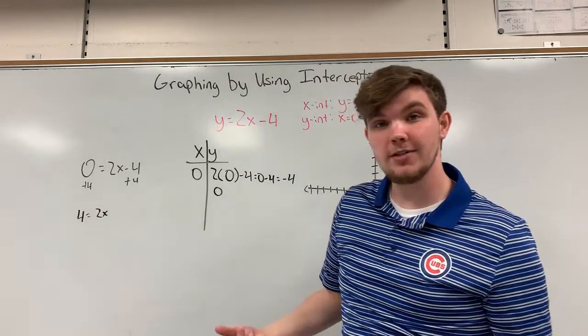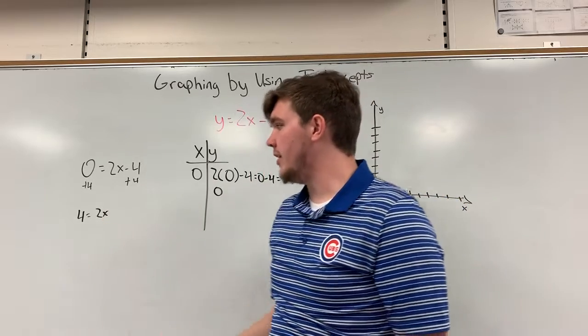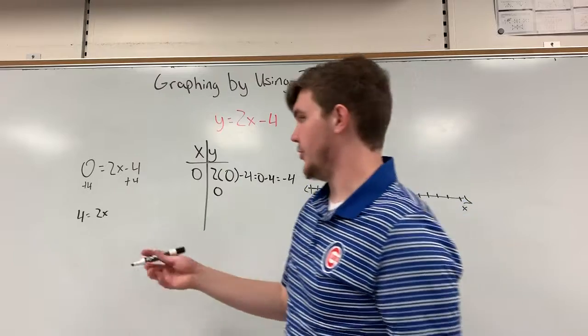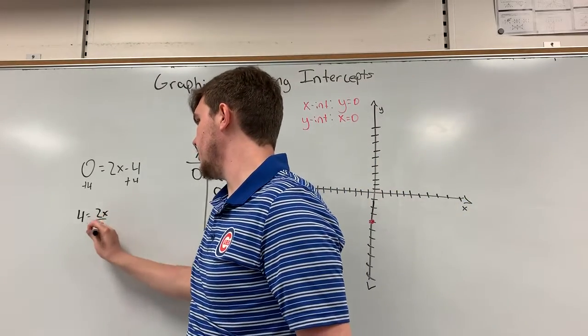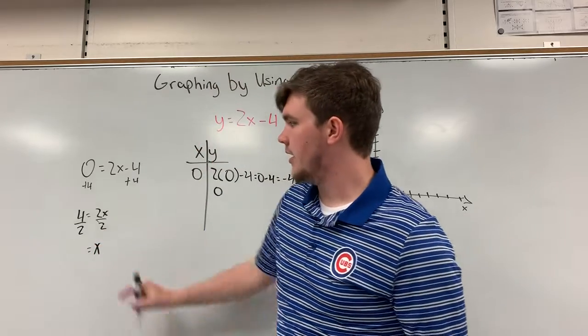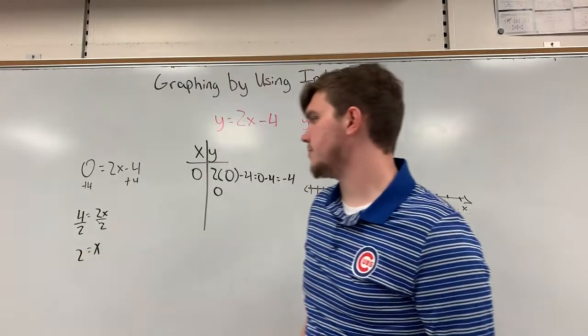I'm really close to getting x by itself, but now I have to get rid of that 2 in front. So I'm going to divide everything by 2. I get x equals 4 divided by 2, which is just 2.